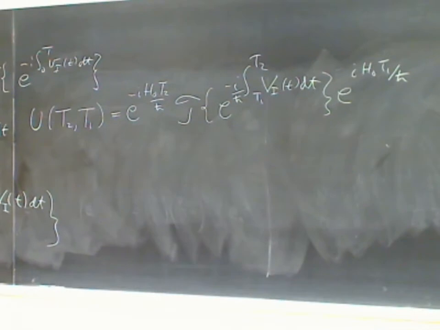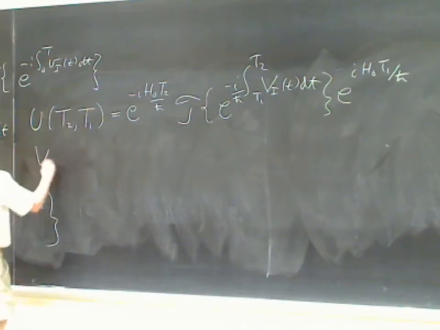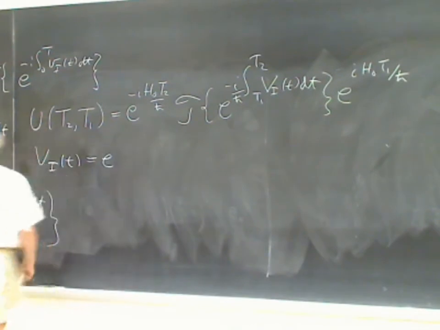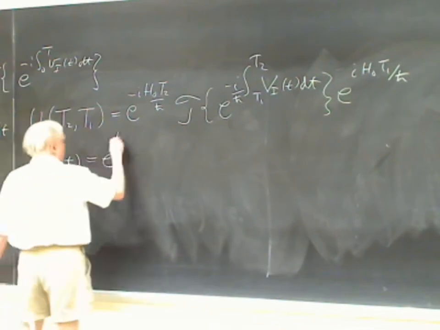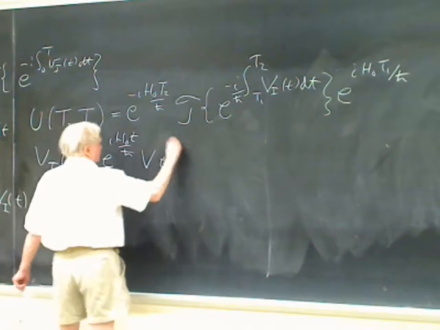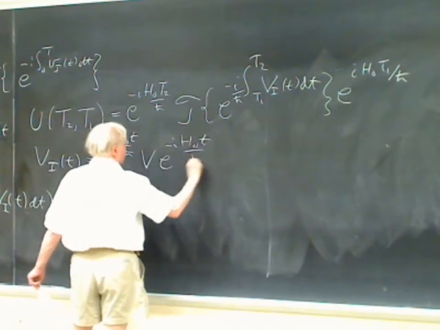The complicated way is simply that this V_I of t is, let me get the sign right, e to the i H0 t over h bar, V, e to the minus i H0 t over h bar.